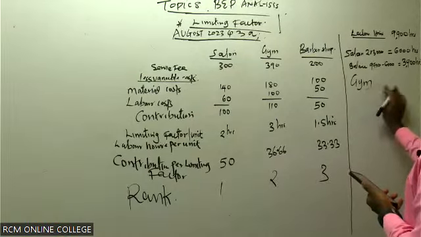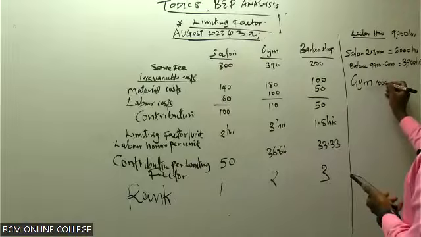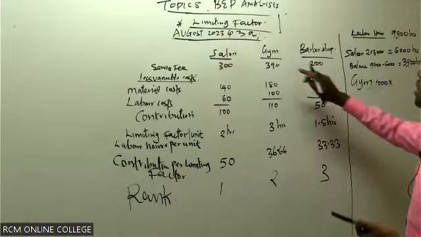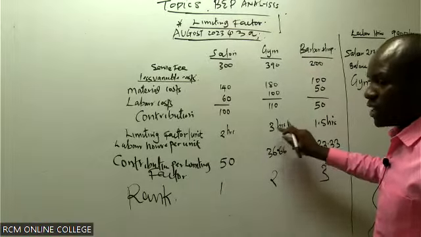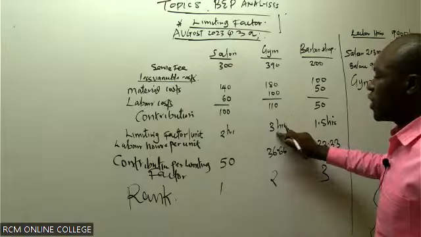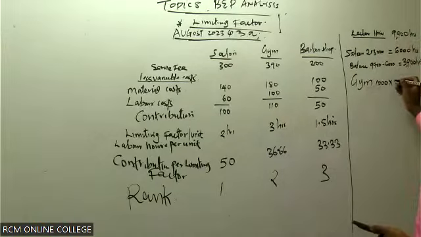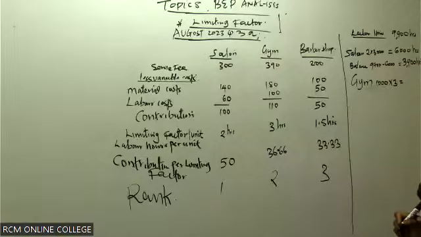We need to serve 1,000 clients. And in the gym, one client requires 3 hours. For us to serve one client, we need 3 hours. So take that 1,000 by 3 hours, then tell me the number of hours you need in the gym department.